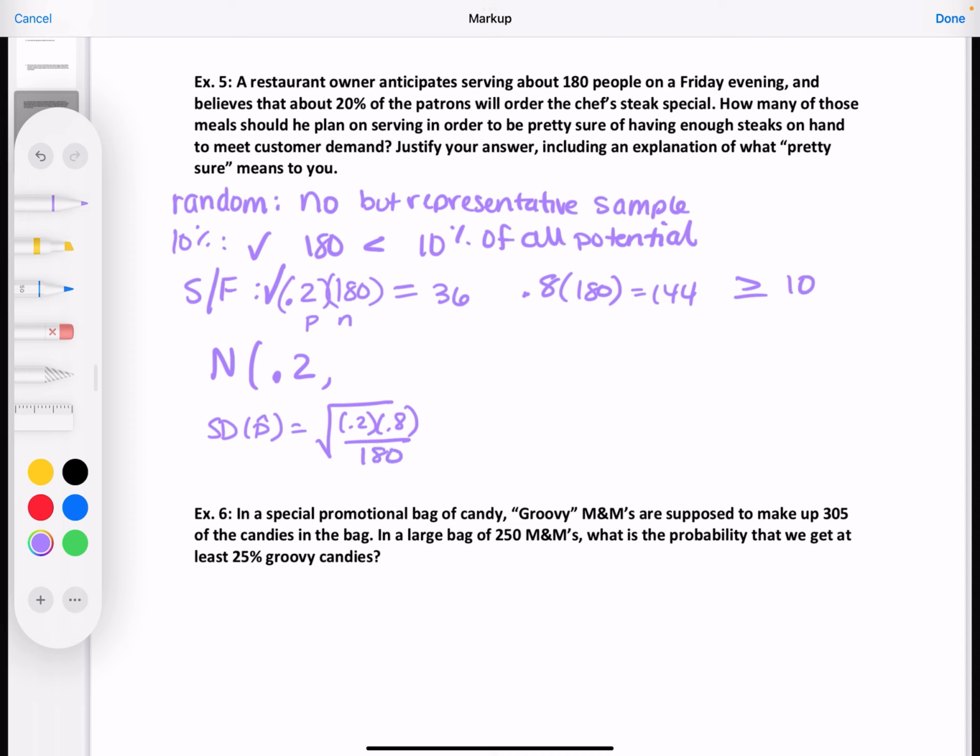It's 0.029 something, but it's 0.03. Okay, so the normal model would be 0.2 and 0.03 for the mean and standard deviation.